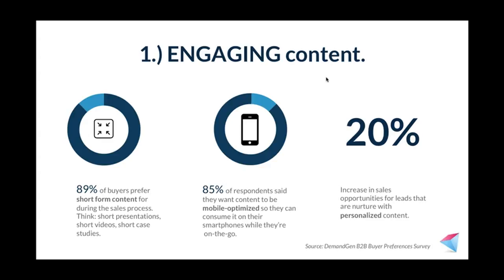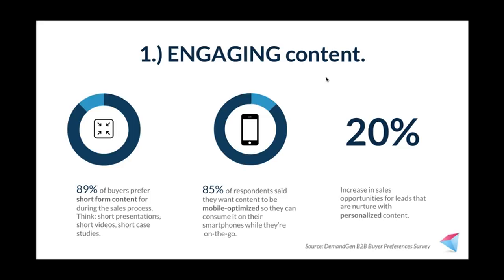Think shorter presentations, shorter video, short case studies. Snackable, easily digestible content is really popular. A lot of people think of short form content for social media, but we're also seeing it become increasingly popular during the sales enablement phase with sales teams as well.